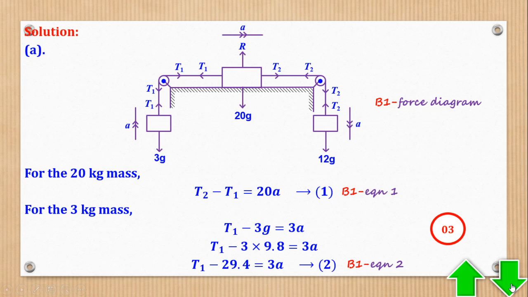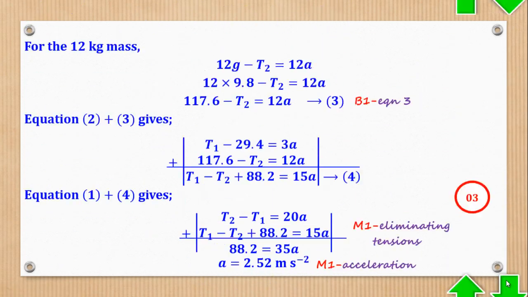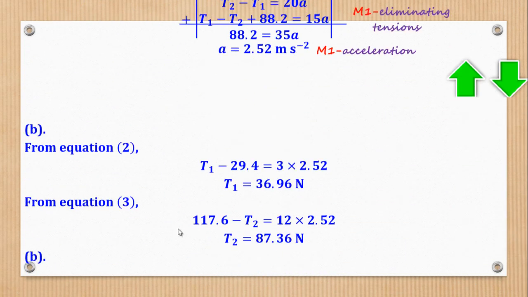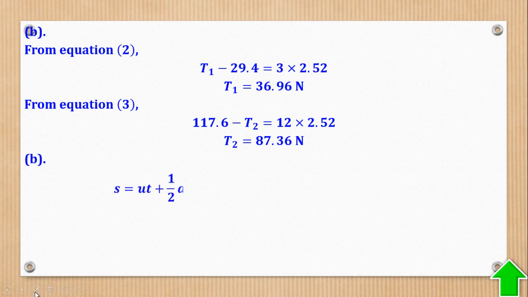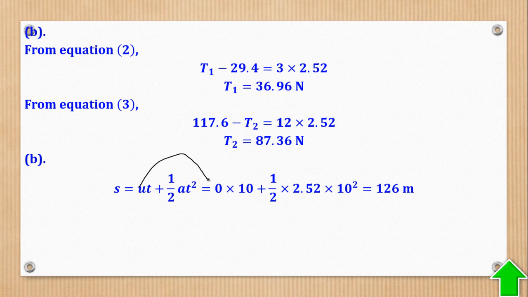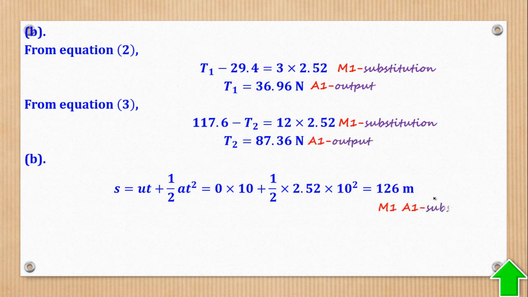So we shall come here and use the second equation of motion, substitute for initial velocity, it was released from rest. Acceleration, we know it, and time, we know it, so distance will be that. And that's what they wanted. So basically, that's how you could get the 12 marks from this question.